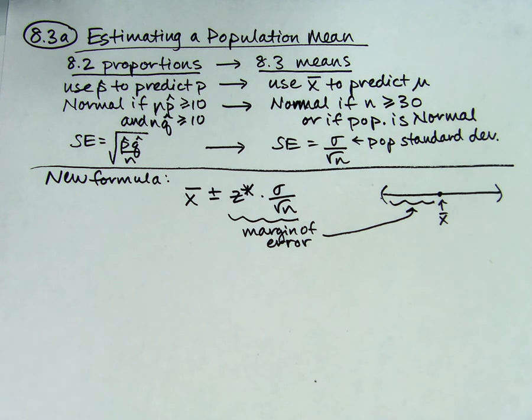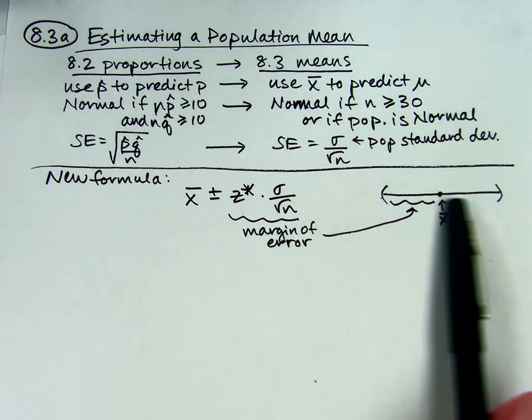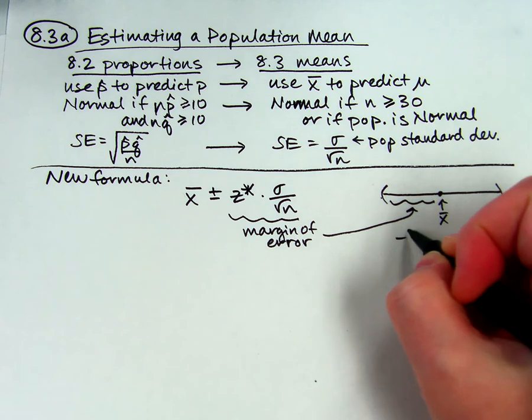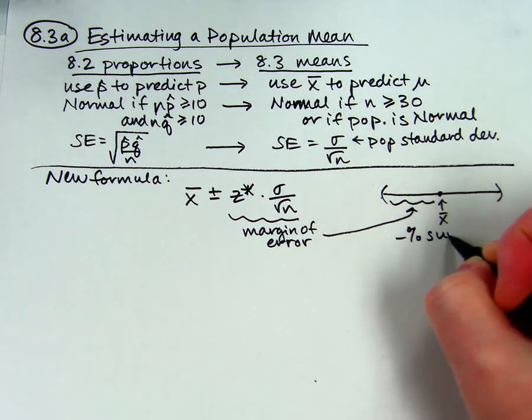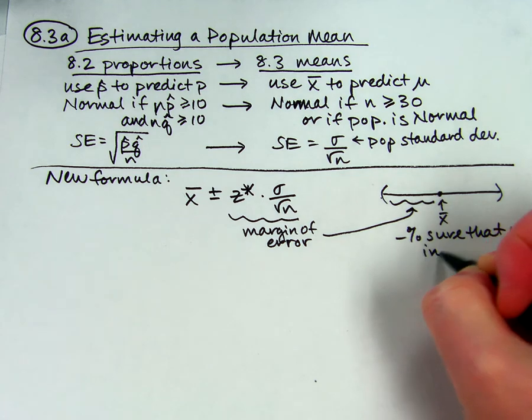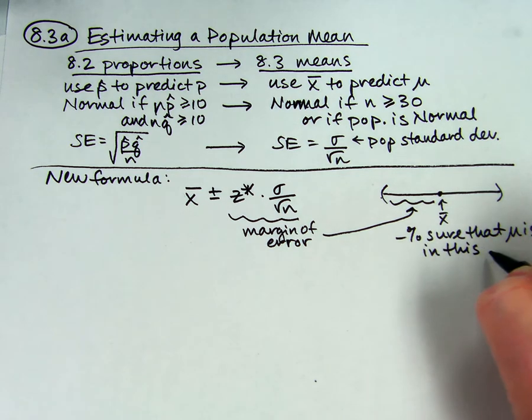We're going to say that we are 95% or whatever percent sure that the true value of mu is in this interval. And we're going to do that just like we did with proportions. It's just the calculations are a tiny bit different.